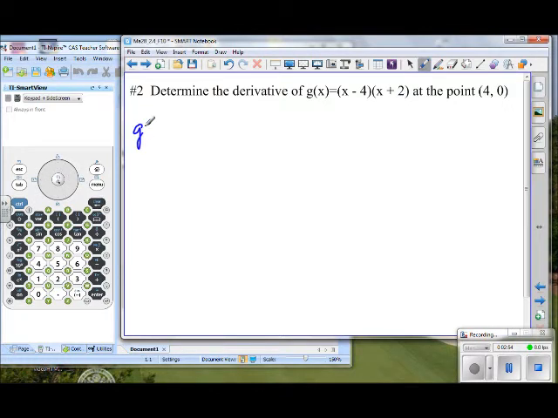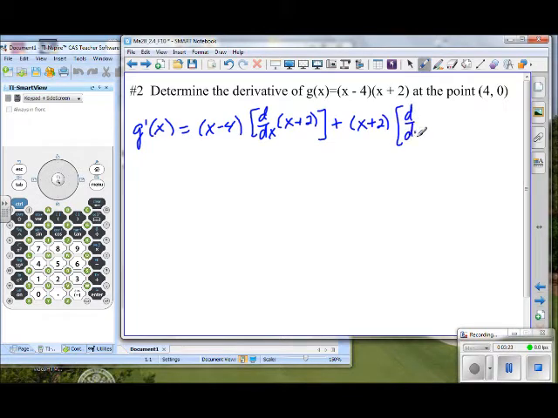So we're going to look at the derivative of g of x, and the rule is that we take the first factor times the derivative with respect to the input variable of the second factor, plus, and then we take the second factor times the derivative with respect to the input variable of the first factor.